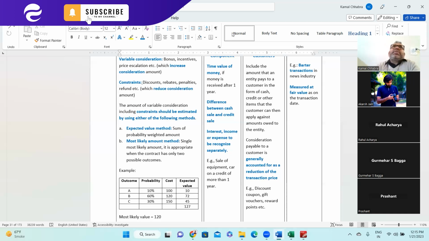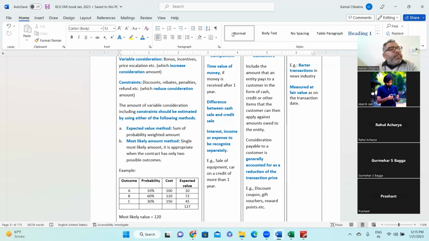Or second, for example, if you are selling a car, how many people would buy an extended warranty at the 50% discount?